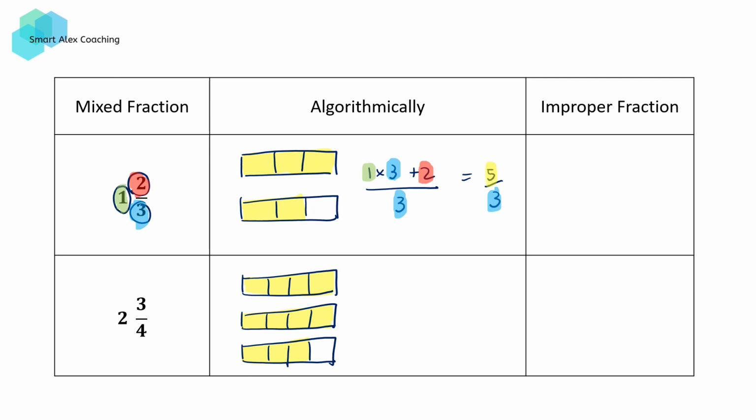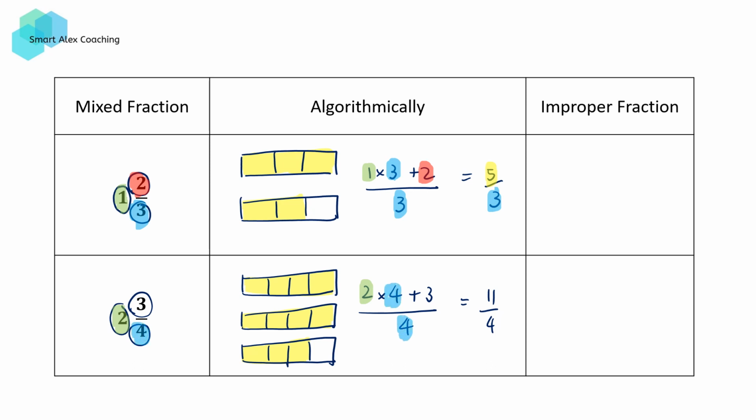So for the second one, similarly, first we take the 2 and multiply it by the denominator of 4. And then we add 3 to it, and all of this over 4. That works out to be 11/4. Again, checking where the numbers are all coming from: we've got our 2 wholes. That gets multiplied by the denominator of 4.